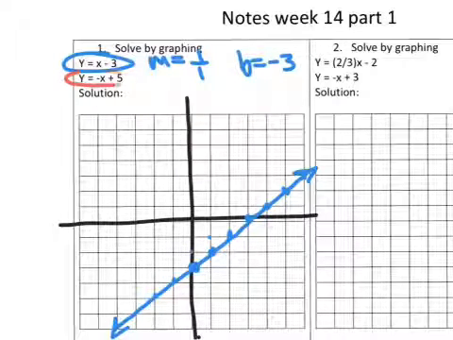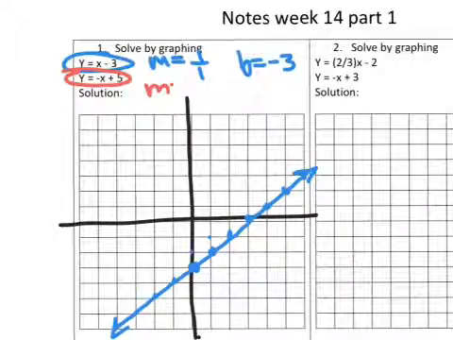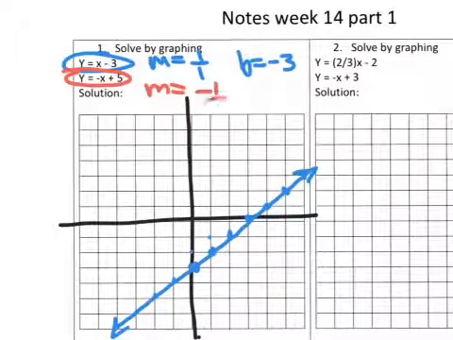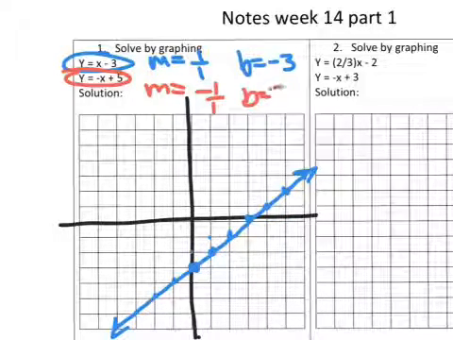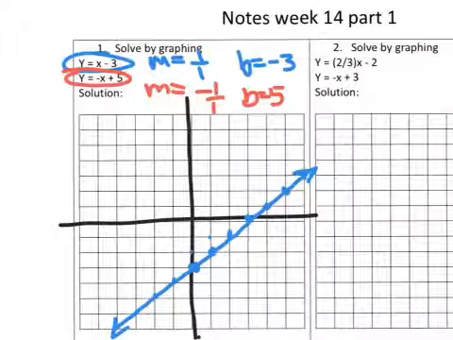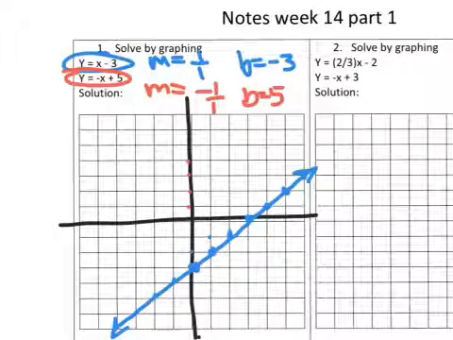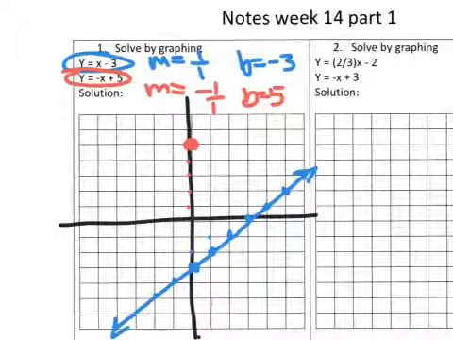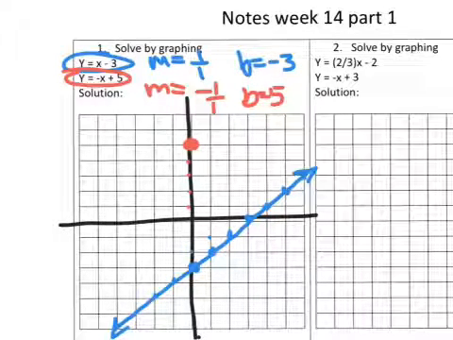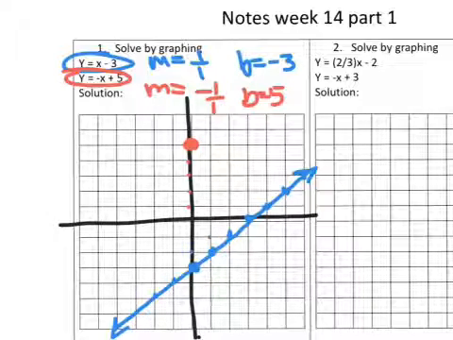And then for this next one, we have a slope of -1, so I'm going to use -1 over 1 for my rise and run, and it looks like the y-intercept is 5. So up at 1, 2, 3, 4, 5, we start, and then we're going to go down 1 and right 1, so I can use the highlighter.